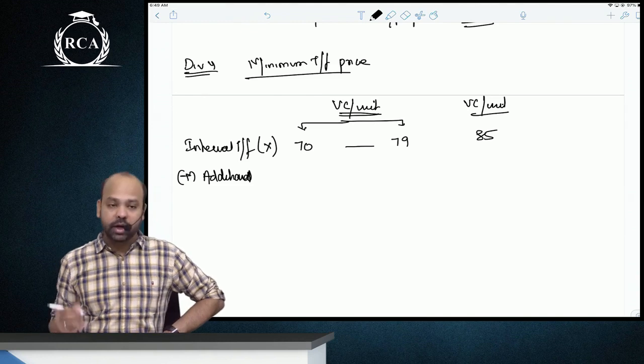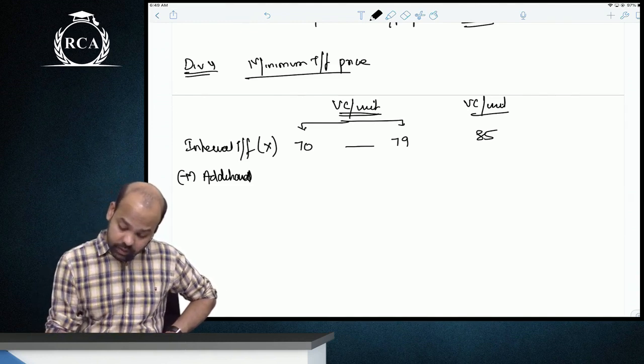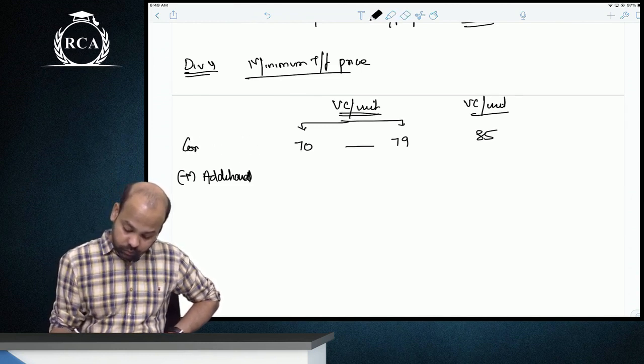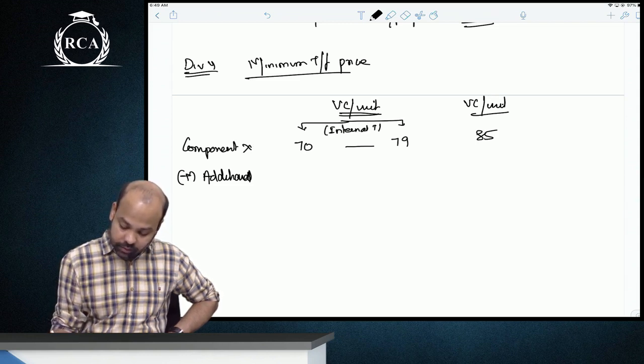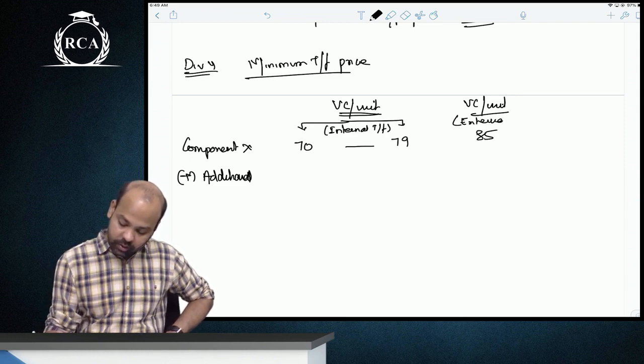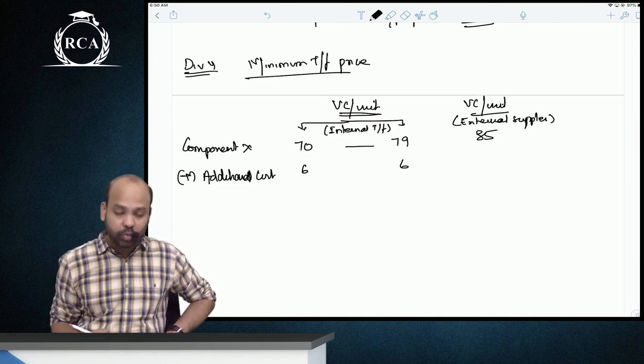If they're procuring it from an external supplier, it is 85, guys. Component X: these are internal transfers, and this is from the external supplier. They procured it from the external supplier. The additional cost that they've incurred here is 6 rupees.